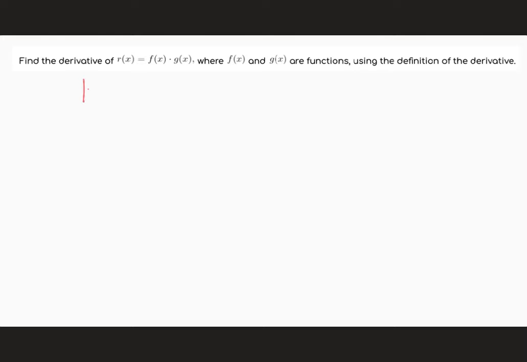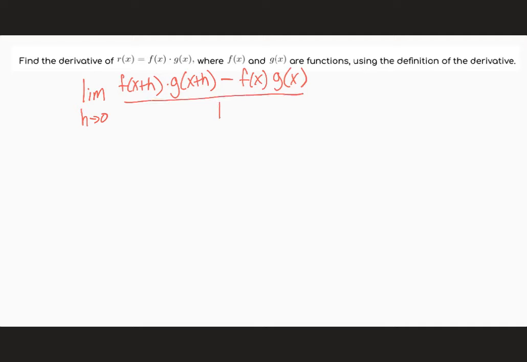So we're talking about the limit as h approaches 0 of f of x plus h times g of x plus h minus f of x and g of x all over h.